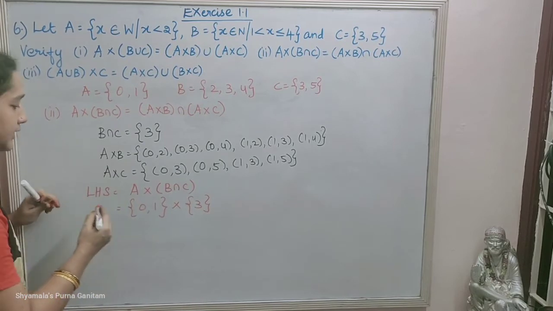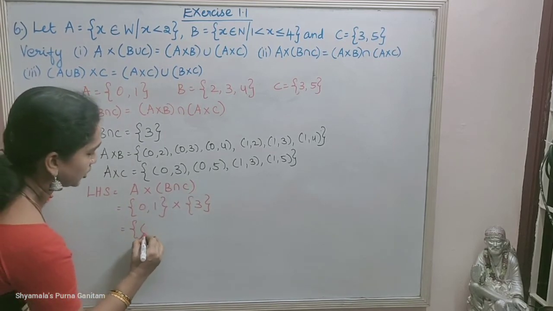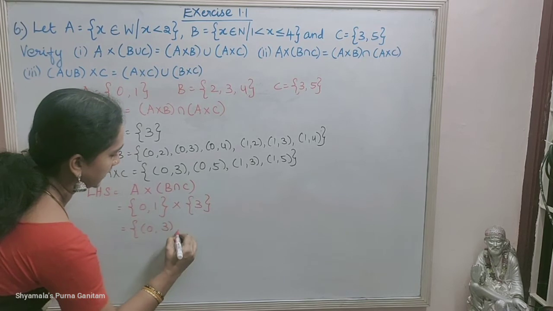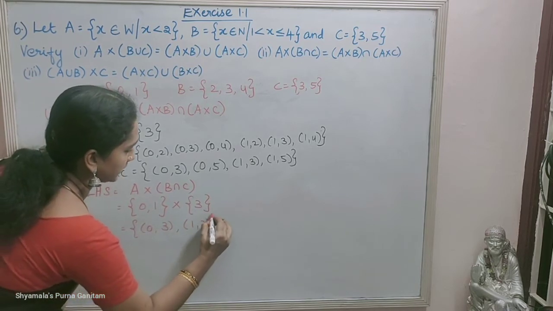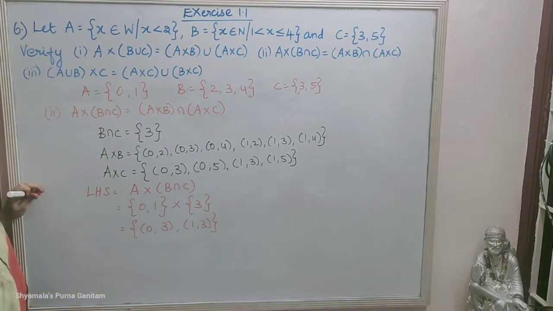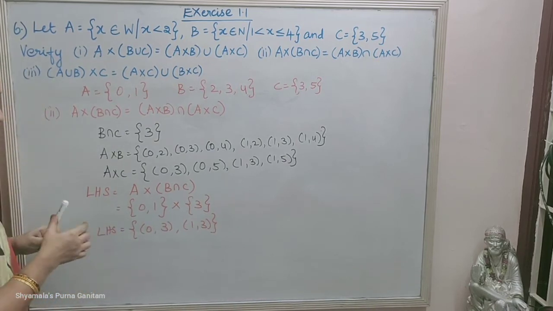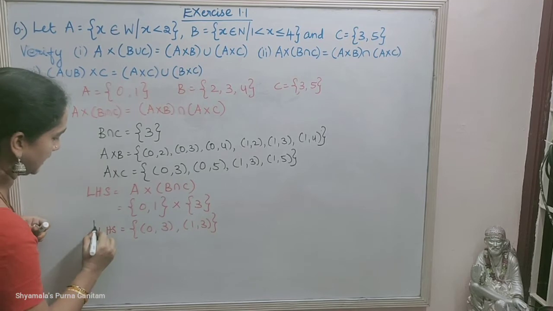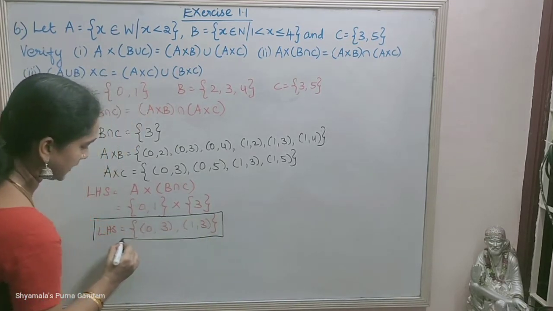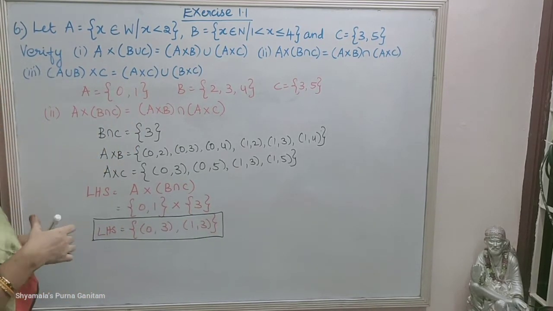So now we will find the cross product of these. You will get (0, 3) and (1, 3). So this is our LHS value. Okay. So LHS value is (0, 3) and (1, 3).